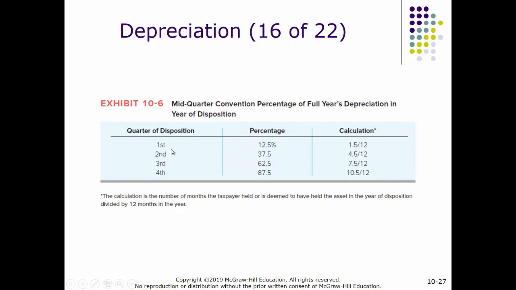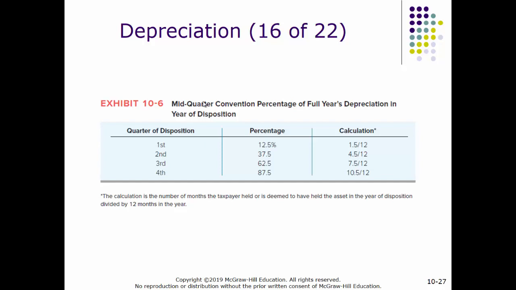Let's say we dispose of an asset on July 2nd. July is in the third quarter, July, August, September. Mid-quarter says it doesn't matter if it was sold on July 2nd. Let's treat it as if it was sold in the middle of that third quarter, which would be the middle of August.